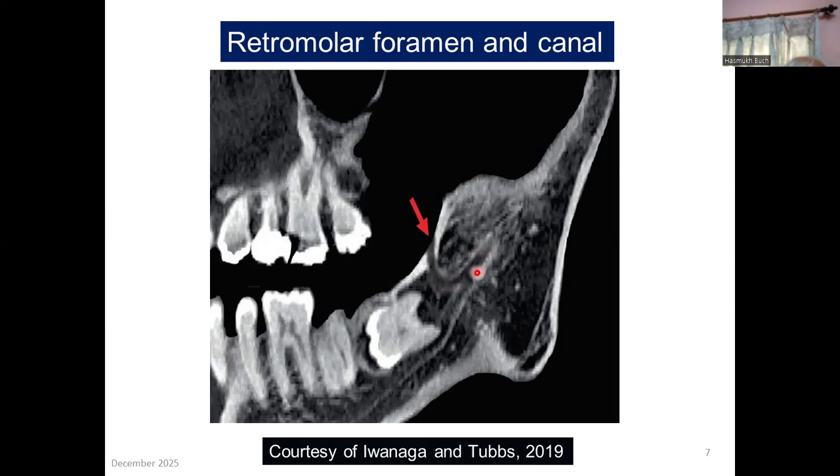And this is the mandibular canal, as you can easily see. Behind the molar, there is a retromolar foramen and canal. Such a canal will be called the bifid mandibular canal.